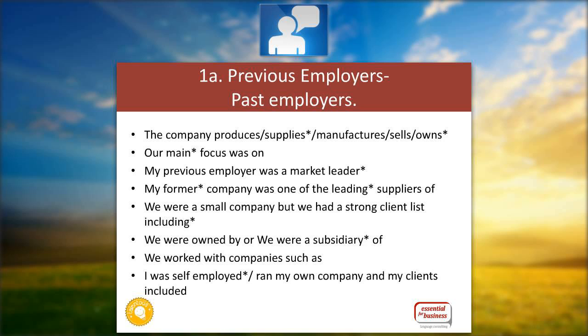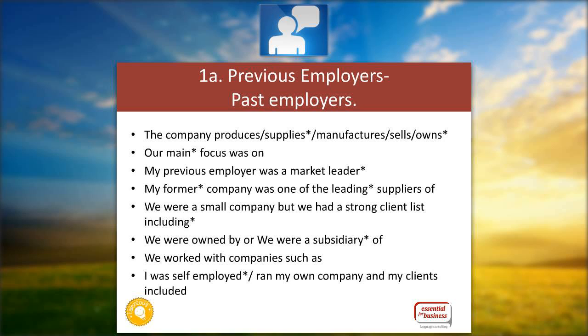Now, when you're thinking about your past or your current employers, have a think about what they do. Now, does the company produce anything? Do they supply anything? Do they manufacture anything? Sell anything or own anything?